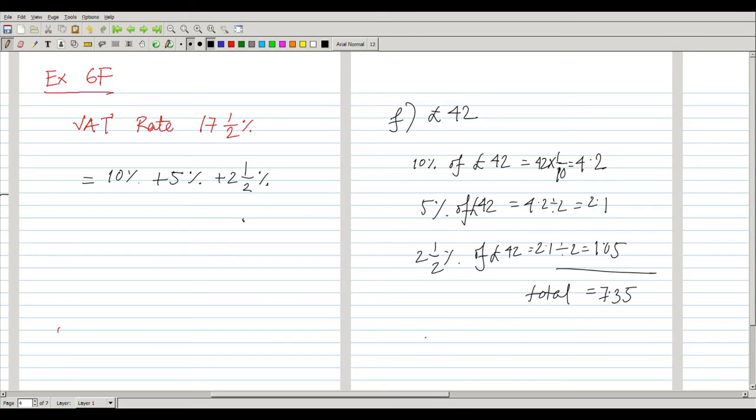So the VAT for euro 42 is euro 7.35. Okay, so this is how we are going to do the VAT related exercises without using our calculator.